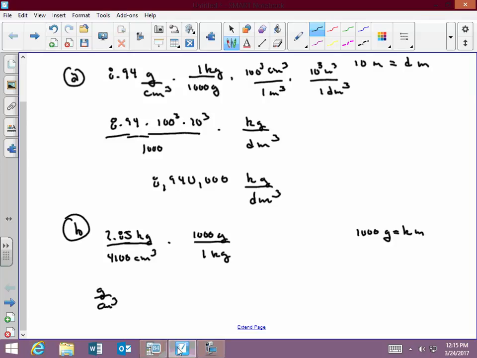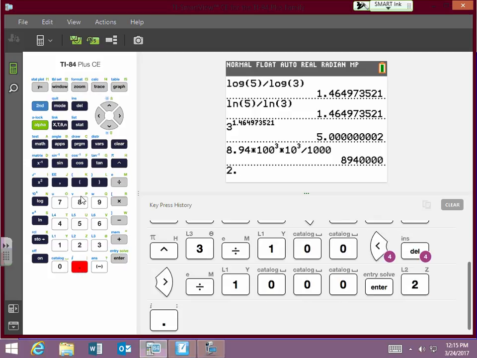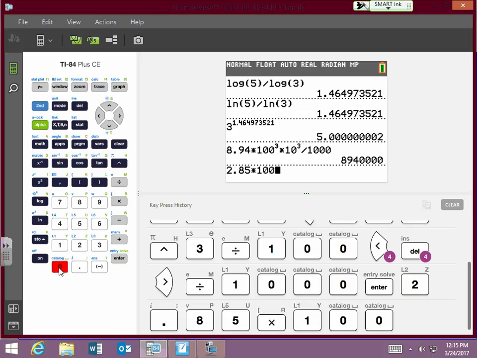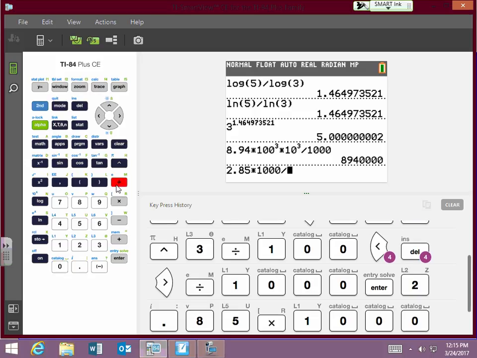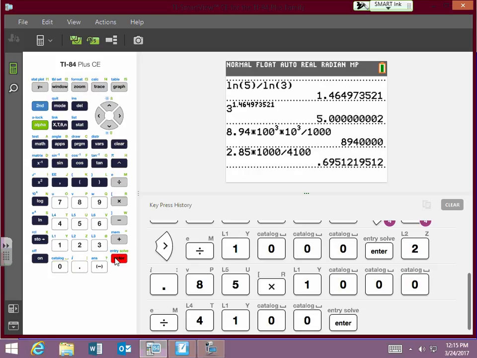So it's 2.85 times 1,000 divided by 4,100, right? So it's 0.695.